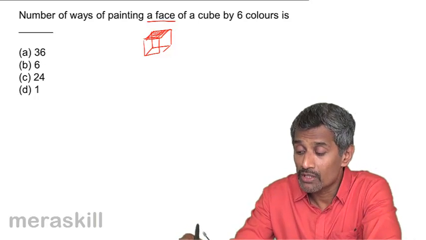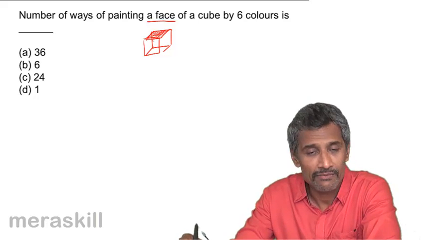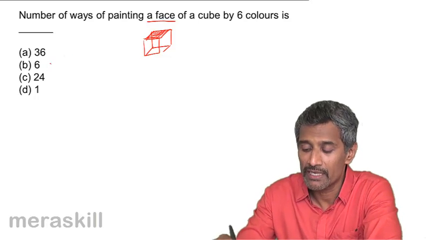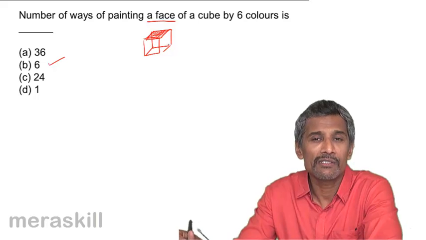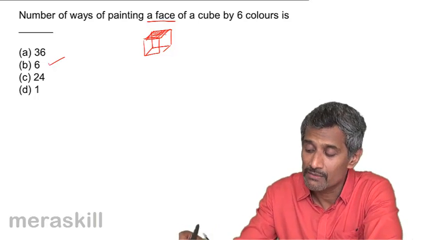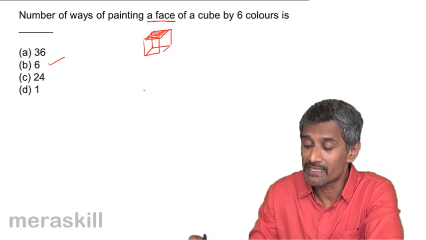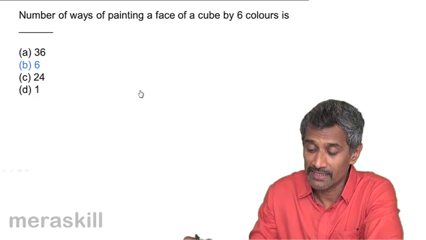So what are the ways in which you can select? Obviously, there is only one face which you need to color, and there are 6 colors available. So you can select them in 6 different ways. So simple logic, which is possibly the basic level of combination and permutation. So there are 6 ways in which you can paint a particular face of a cube by 6 colors. So it's 6. And yes, we do have it as 6.